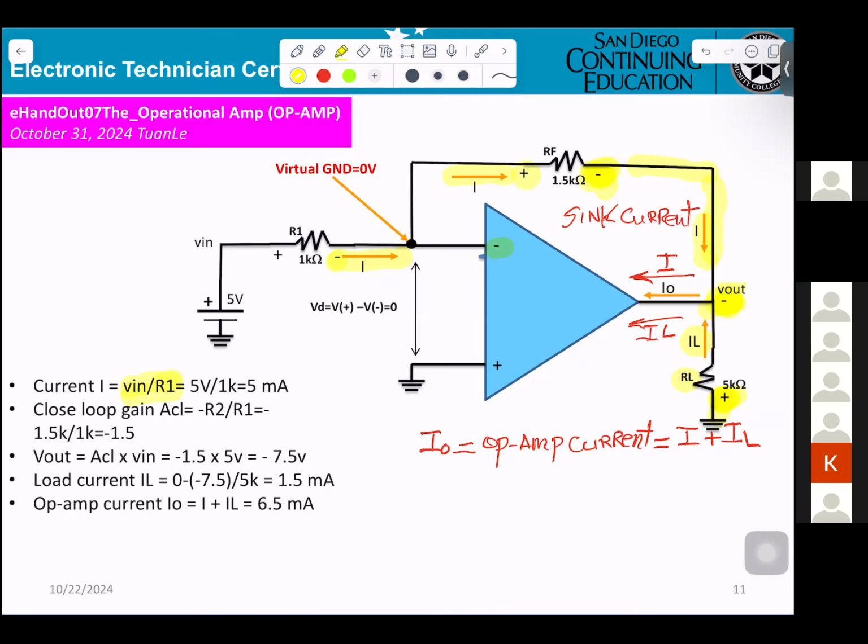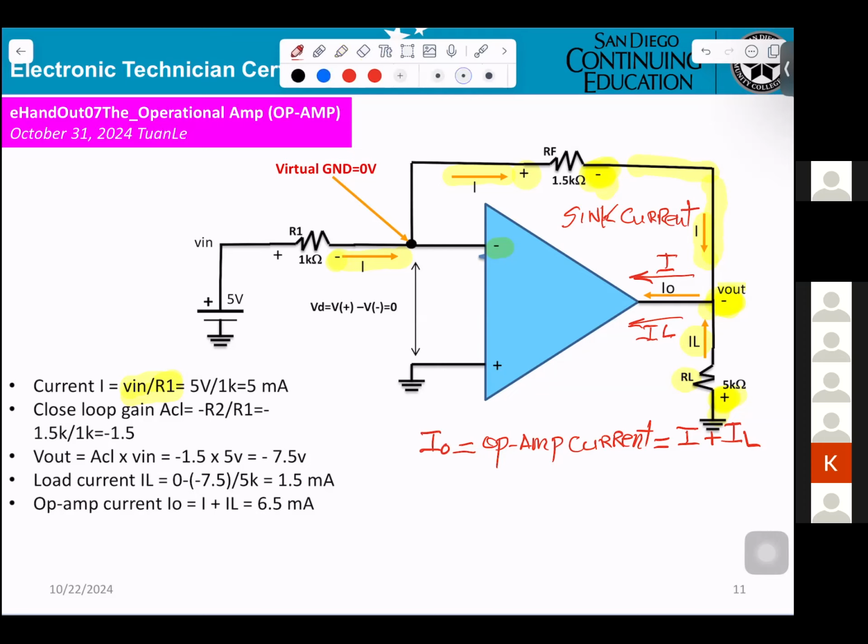Now, they want to calculate the gain. The gain means the difference between the input and output. Like if you get an input of 5 volts, whatever the output will be, you take the output and divide it by the input, and you get the gain.